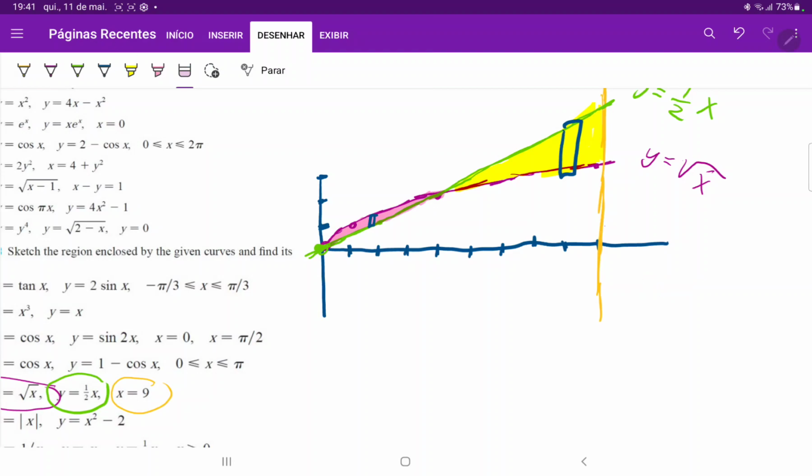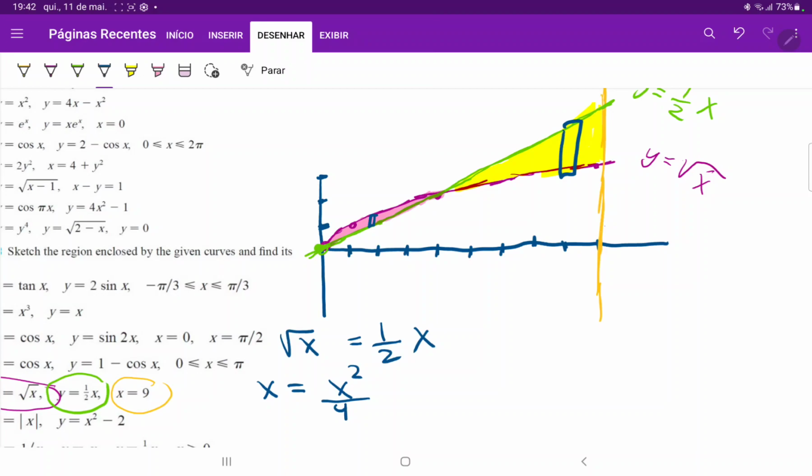And before we can do it, we just have to find exactly where they intersect so that we have our boundaries of integration. So we have square root of x is equal to 1/2 x. So let's square both sides. So then we have x is equal to x squared over 4.